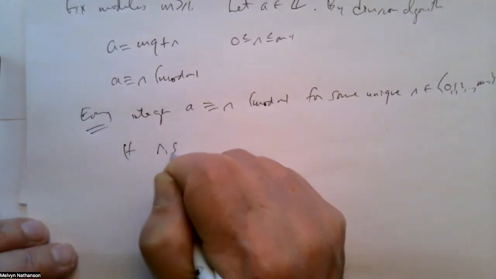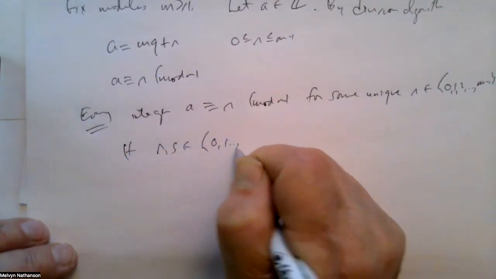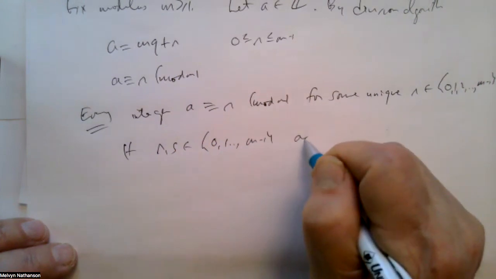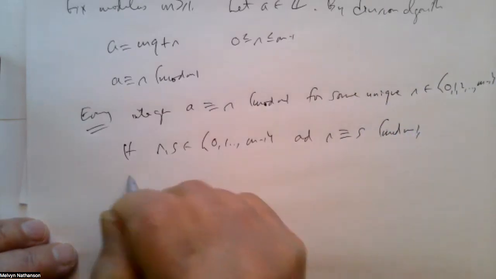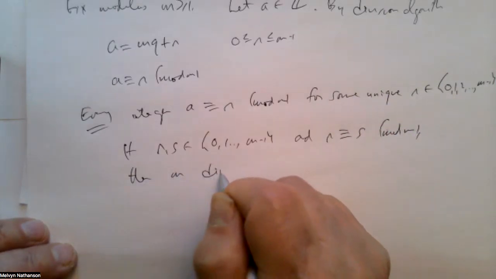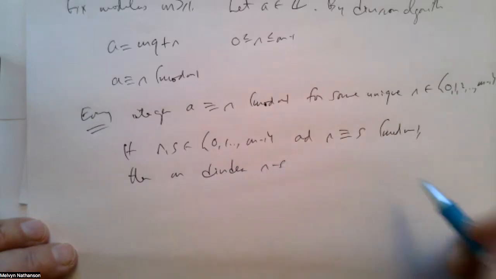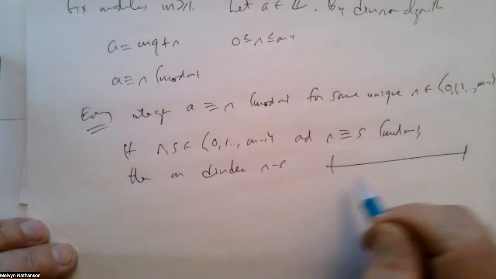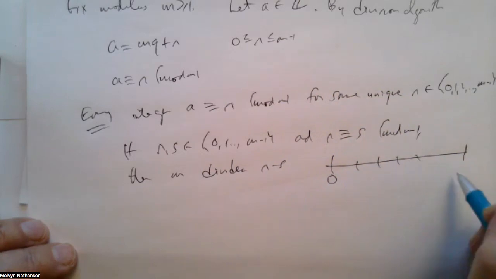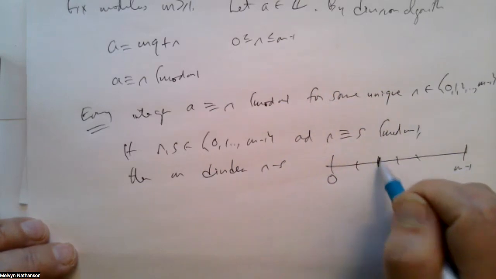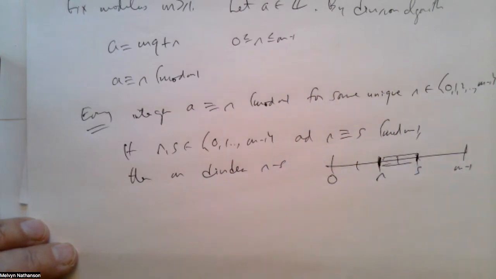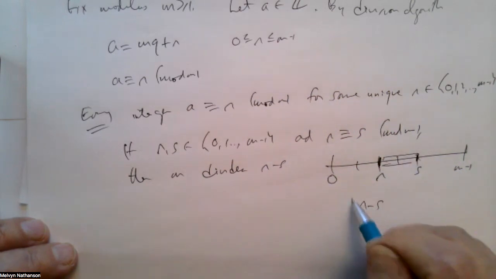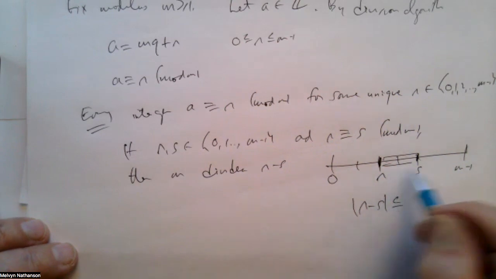It has to be unique because if r and s are two numbers between 0 and m minus 1, and r is congruent to s mod m, then m divides r minus s. But if you think of it, here's 0 up to m minus 1. If you have two numbers, r and s, in this interval, how far apart can they be?